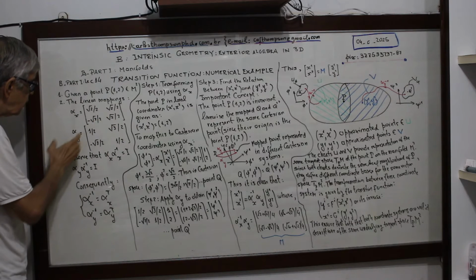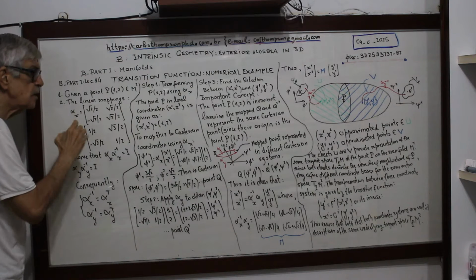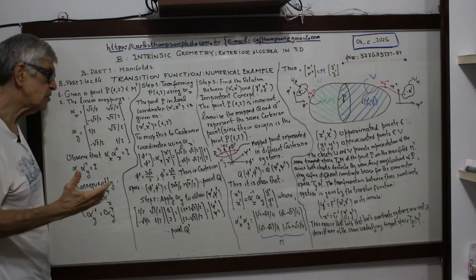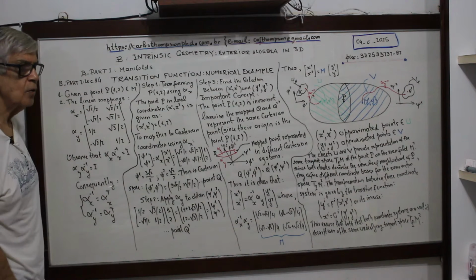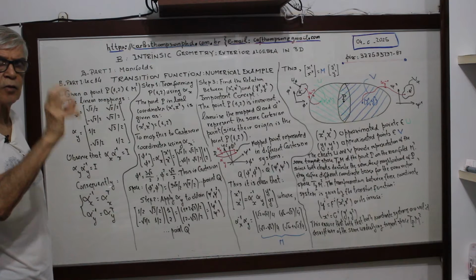And then if I multiply alpha sub x times the inverse, this leads to the diagonal, we call this case 1, 1, and 0.